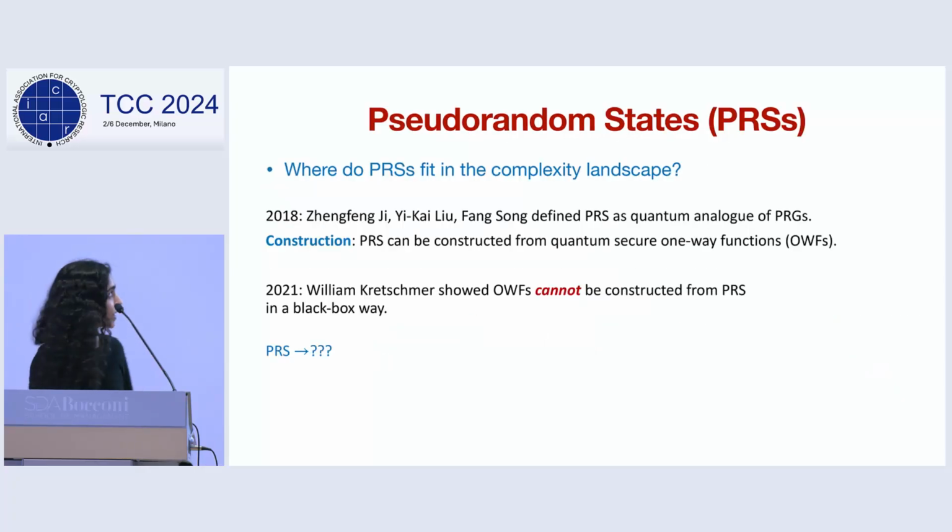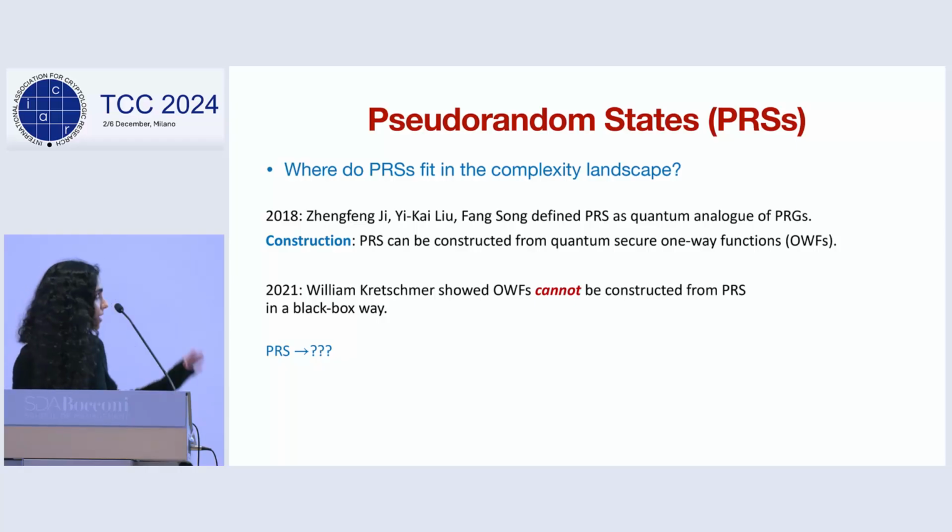So what is known about pseudorandom states? This notion was introduced in 2018 by Ji, Liu and Song, and they showed that pseudorandom states can be constructed in a black box way from quantum secure one-way functions. And in 2021, William Kretschmer showed that one-way functions cannot be constructed from pseudorandom states in a black box way.